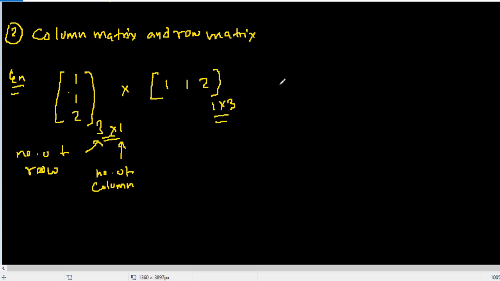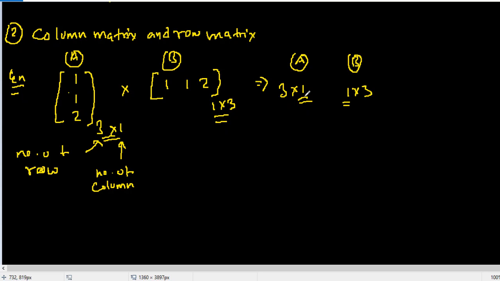From this we can see the first one is the A matrix and the second is the B matrix. The A matrix is of order 3 cross 1, and the B matrix is of order 1 cross 3. As we can see, the standard condition to multiply any two matrices is fulfilled. These two are the same, so we can proceed with our multiplication.